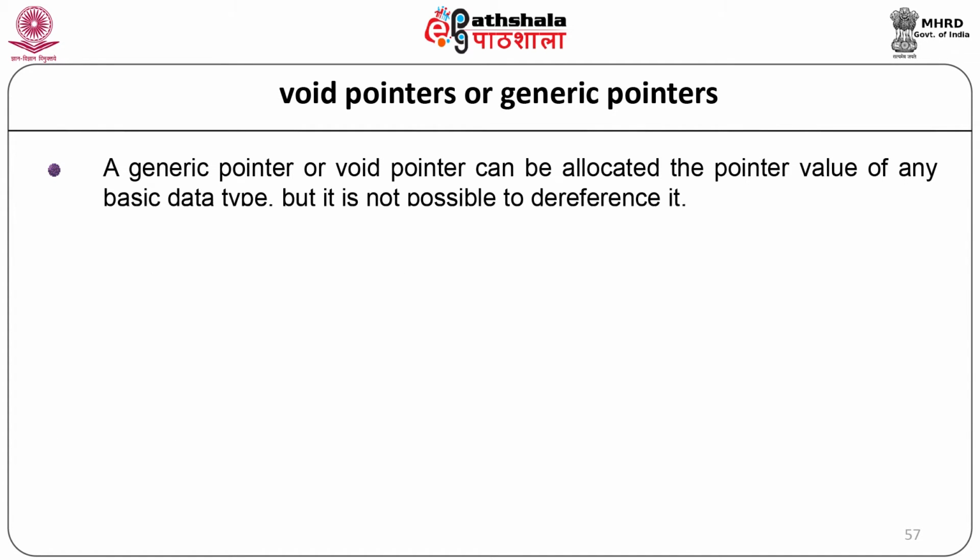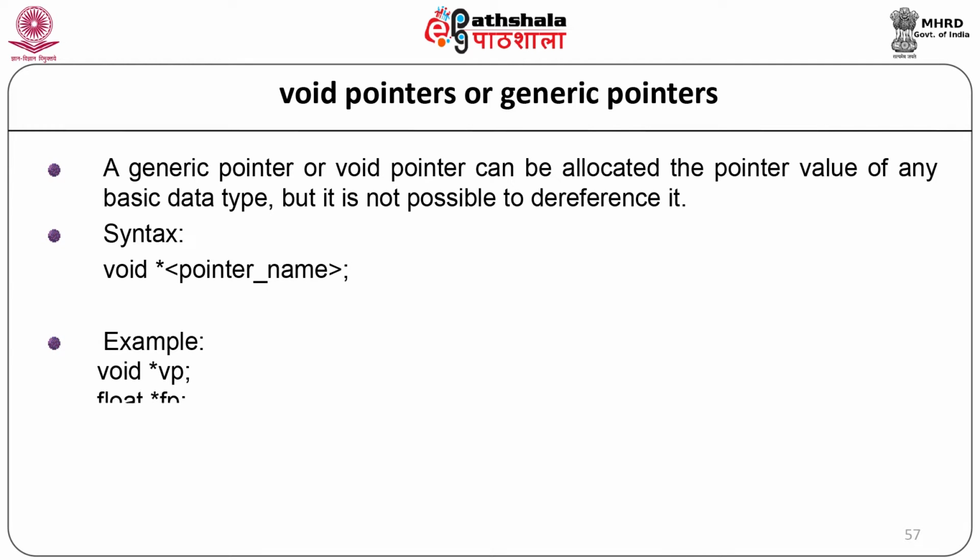A generic pointer or a void pointer can be assigned the pointer value of any basic data type, but it is not possible to dereference it. Syntax: void *pointer name;. Example: void *vp, float *fp. Now we are assigning vp = &fp, the address of the float pointer fp.